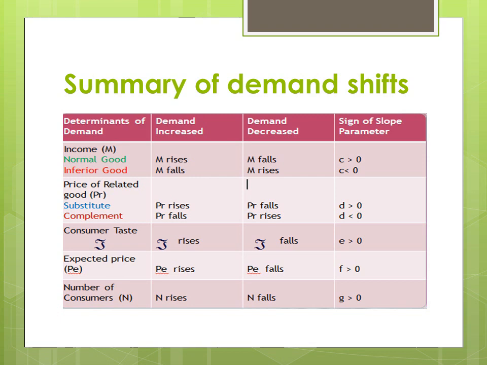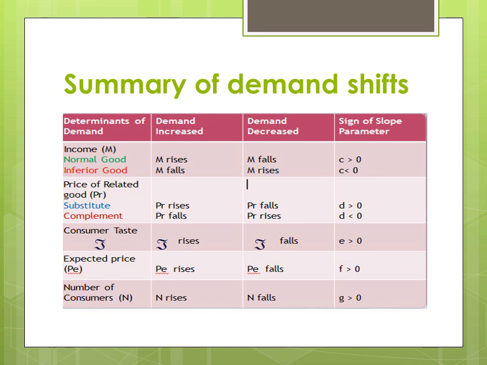The relationship of complement goods with price is negative. When the price of a complement good falls, quantity demanded of the other related good rises. For example, when the price of a car falls, quantity demanded of petrol will rise. When the price of a complement good rises, the quantity demanded of the other complement good falls.